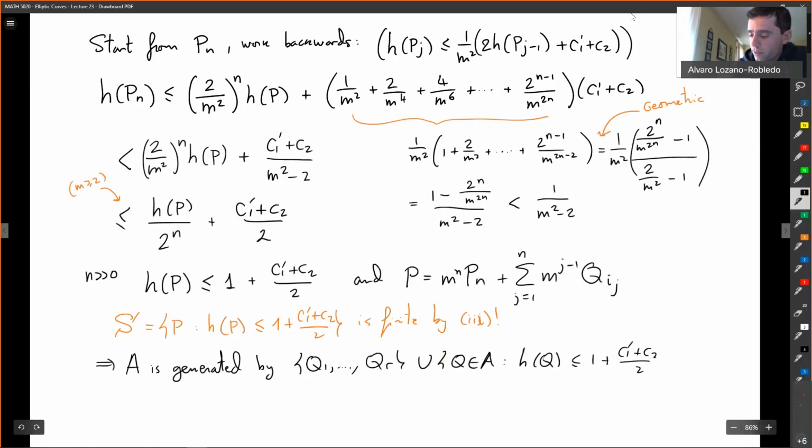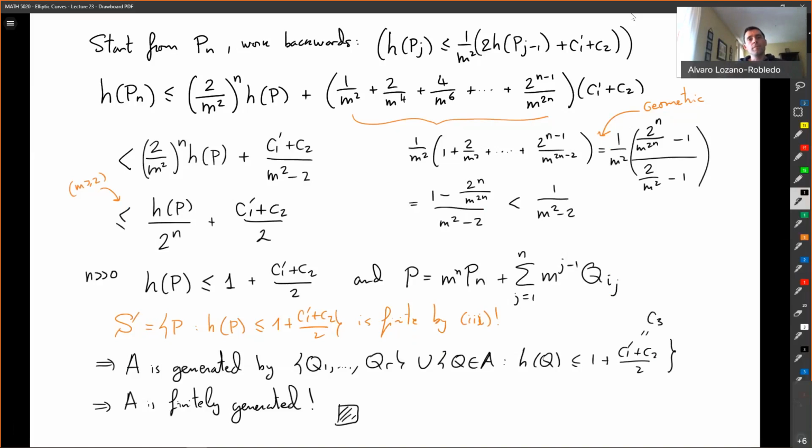You can call that C3 if you want, and we know that that is a finite set. Therefore, A is finitely generated. Okay, there you go.